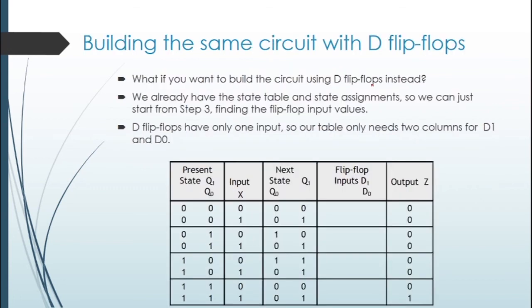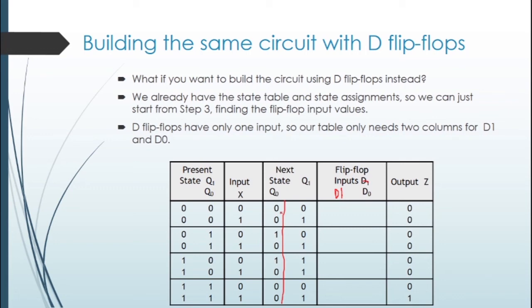Similarly, if we are going to use D flip-flops, it will be a little different, because every time the next state is what derives the value of the current flip-flops. For the D flip-flops of Q1 and Q0, there is one D1 input that becomes Q0, and there is D0 that becomes Q0.